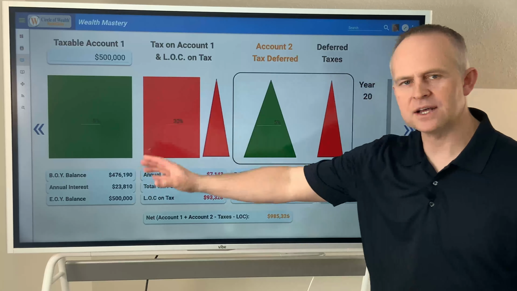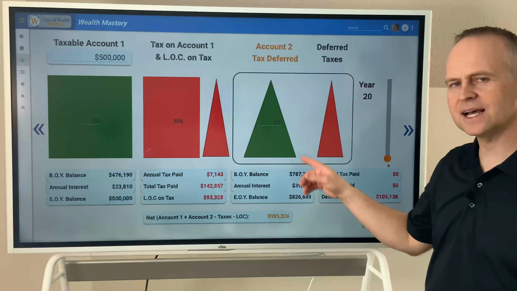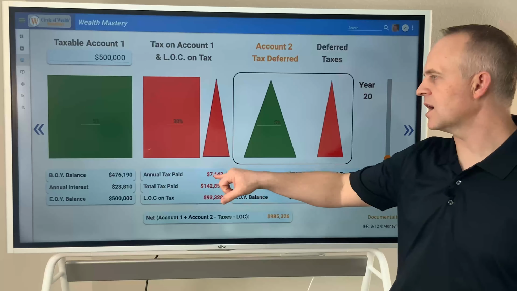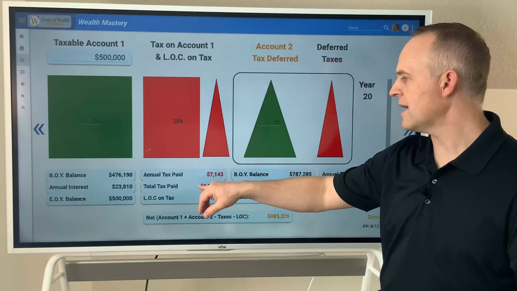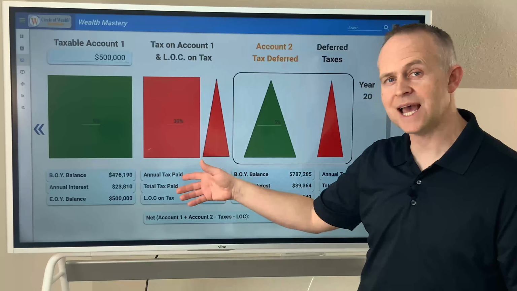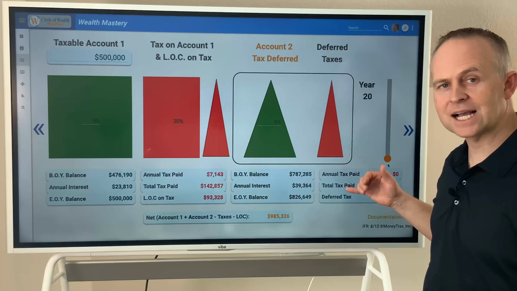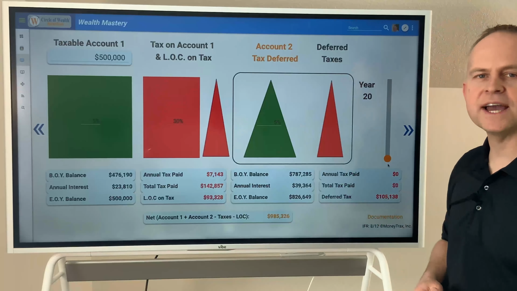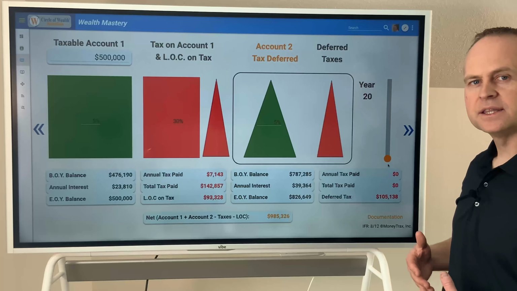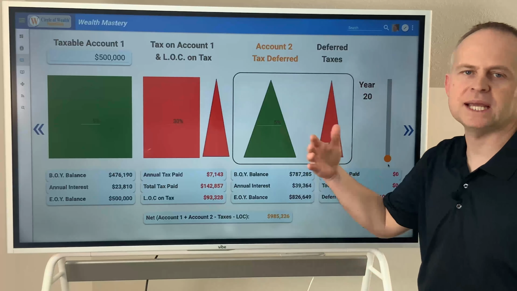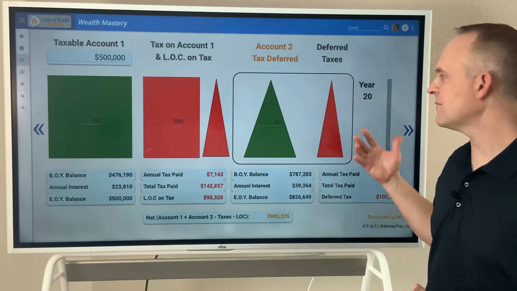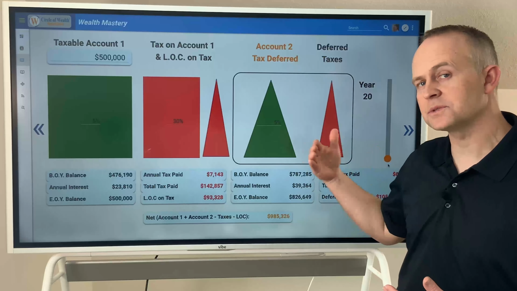So we have $500,000 over here, $826,000 in this account. Now we have our taxes paid in this one, and we have our lost opportunity cost on those taxes paid. And then we have our tax deferred taxes over here. So we have $105,000 of taxes that we've deferred, but we haven't had to pay taxes as we go, so we don't have that lost opportunity cost on those taxes paid.